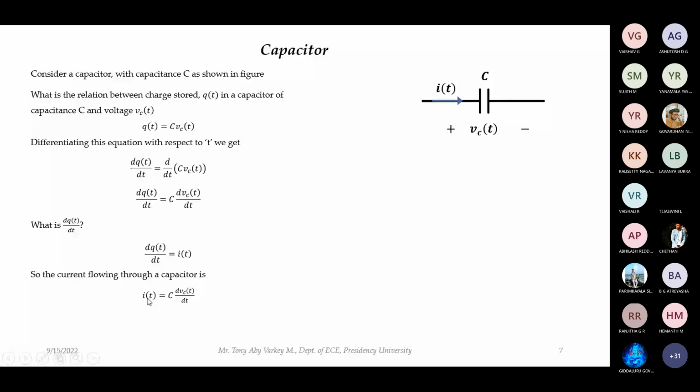Okay, now from this equation I got an equation for I of t. Can you find an equation for Vc of t from this last equation? I'll give you 2-3 minutes. Can you derive it? I want Vc of t is equal to something.